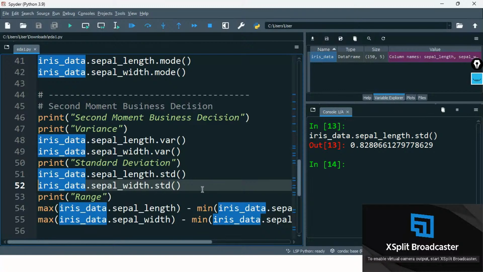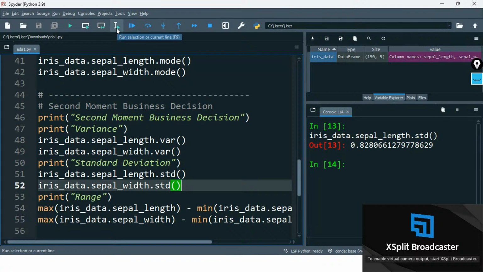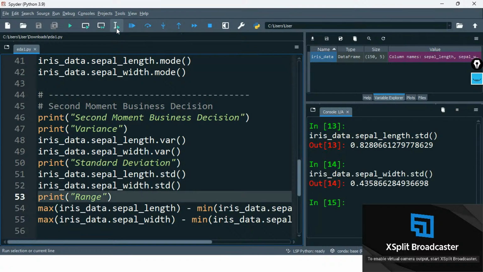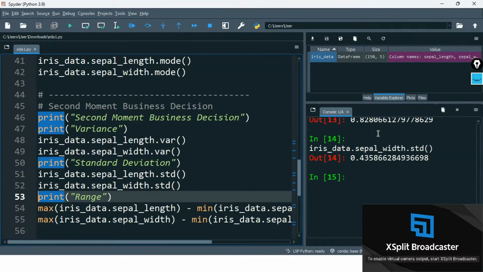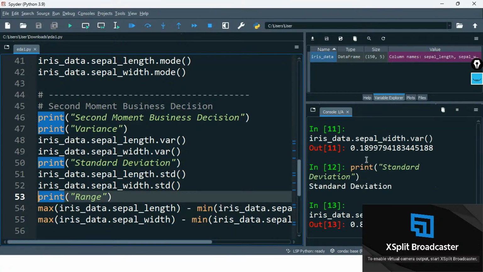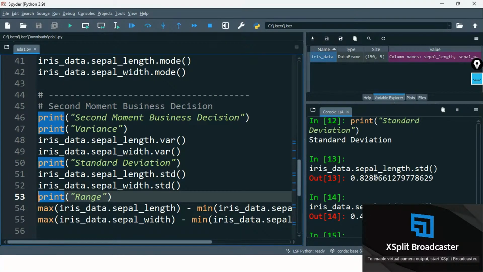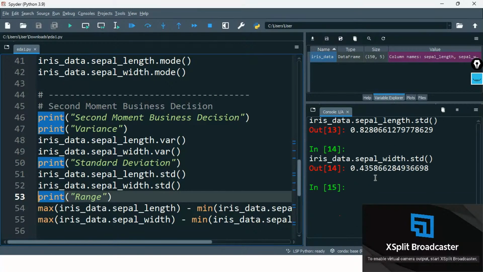Then let me perform standard deviation on sepal width. Again the same syntax, data dot column name dot std, which will return the standard deviation of sepal width. 0.43. So this is the actual spread, and this is the squared spread, right? So I hope it's clear.